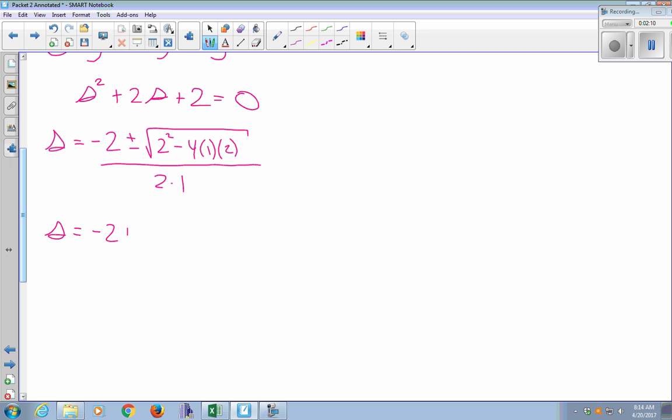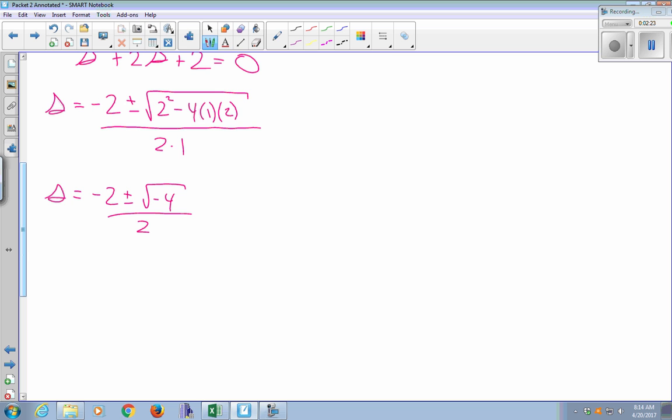So negative 2 plus or minus the square root of negative 4, over 2. And what's the square root of negative 4? i times root 4, which is 2i. So s is negative 2 plus or minus 2i over 2. Divide that 2 in the denominator into both terms of the numerator, and you get negative 1 plus or minus i.